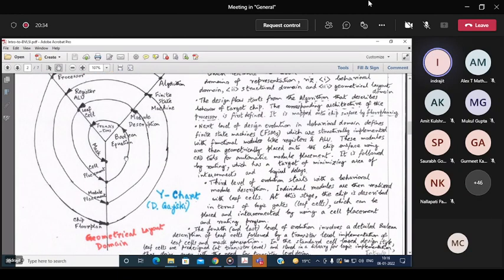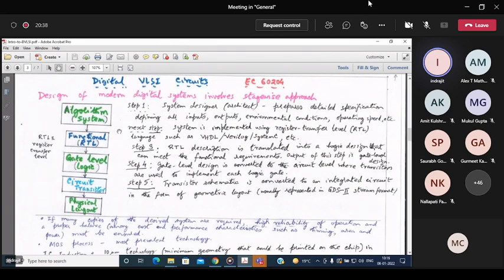But please remember that inside the Y chart as well as this simplified diagram, there are always some back annotation. That means, suppose having come down to the physical layout, you find that if you have to accommodate those millions of transistors, the targeted area may be too small.